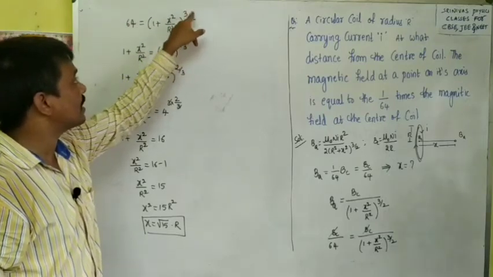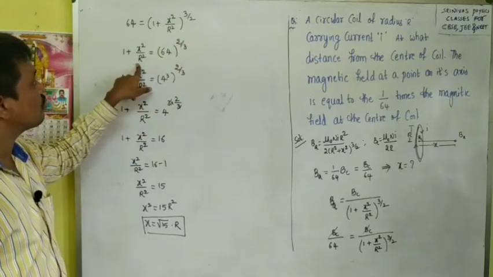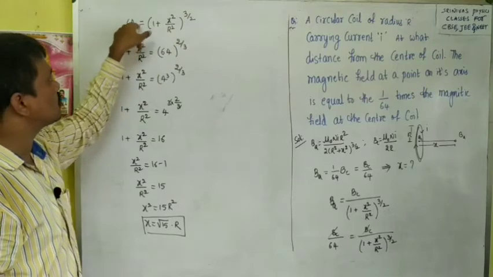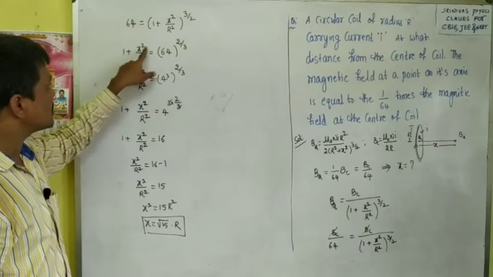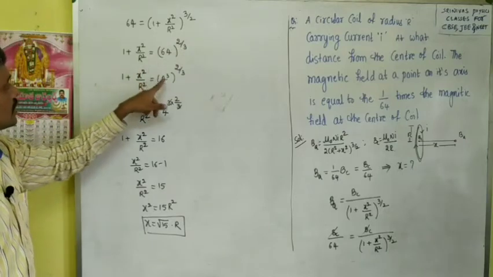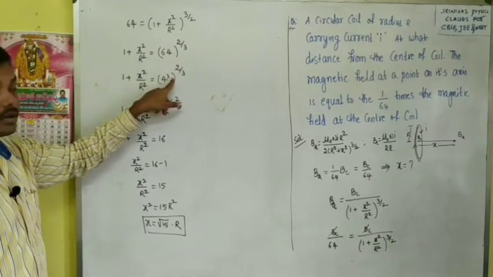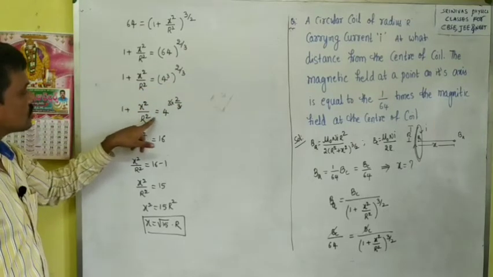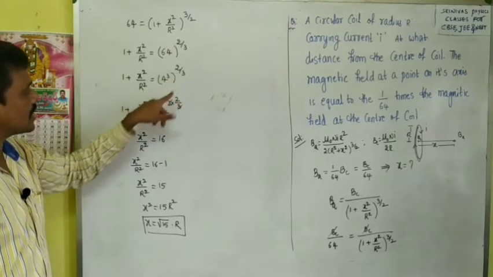Then 64 whole power 2 by 3 on one side, and on the other side 3 by 2 into 2 by 3 becomes 1, so you get 1 plus x square by r square equals 64 whole power 2 by 3. Then 64 I write as 4 cube, and the 3 cancels.